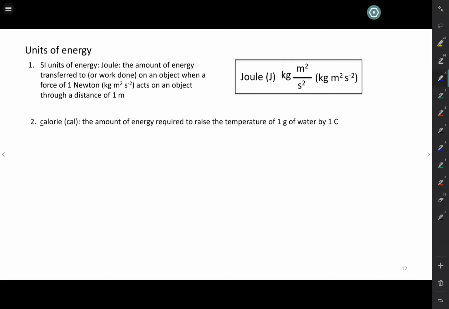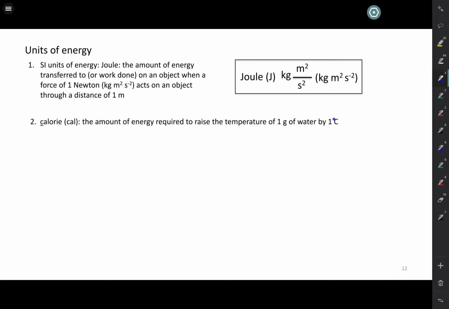You have also probably seen something called the calorie. This is the amount of energy required to raise the temperature of 1 gram of water by 1 degree C. This is actually a really small value of energy, so when we are talking about calories, we're normally talking about kilocalories.